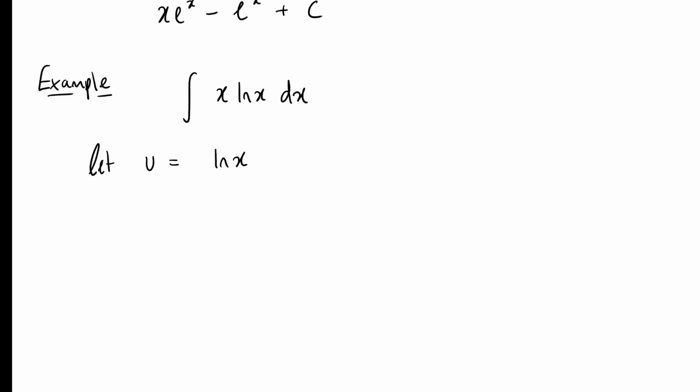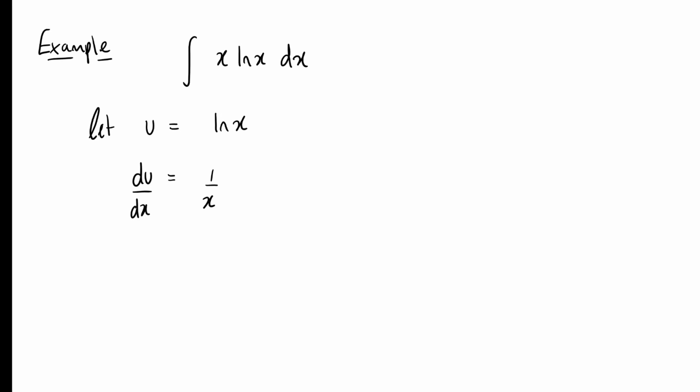The reason for doing that is that we can fairly easily differentiate ln x. We'll end up getting 1 over x, but if we try to integrate it, so if we make ln x equal to dv dx, that's a problem all of its own. It's not impossible to do, but it's a little harder. It's unnecessarily difficult at this stage.